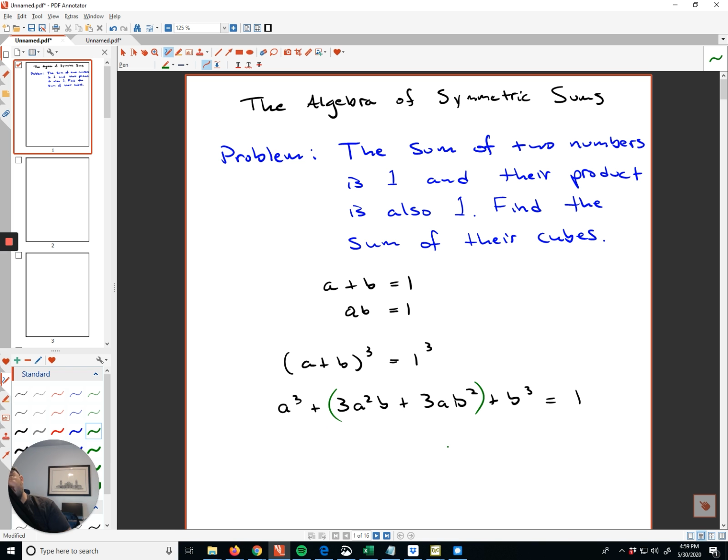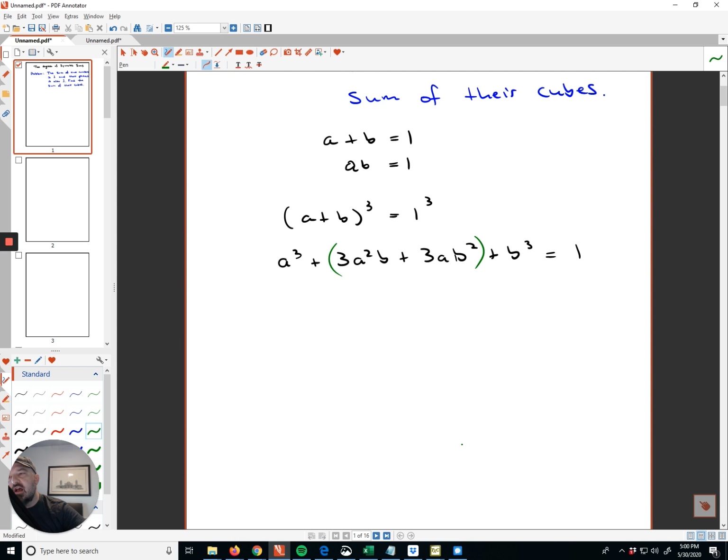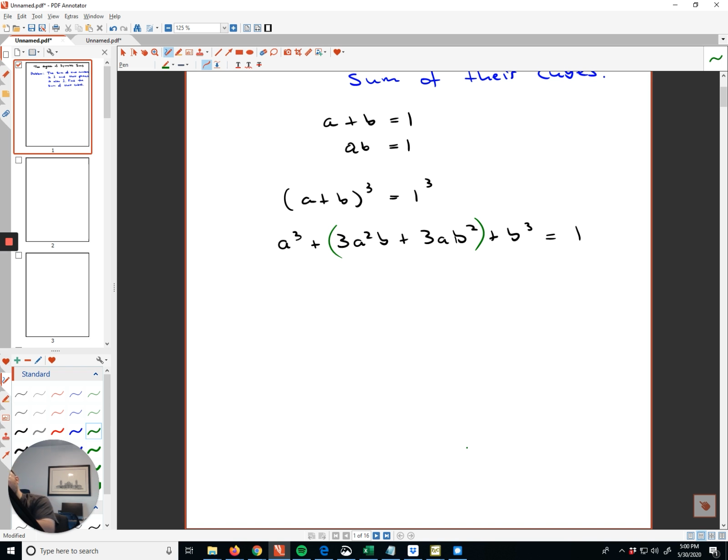Here's that other stuff. And just on the side, I'm going to examine this. I'm going to factor it. We have a common factor of 3 and of a and of b, and when we factor those out, what remains is a plus b.